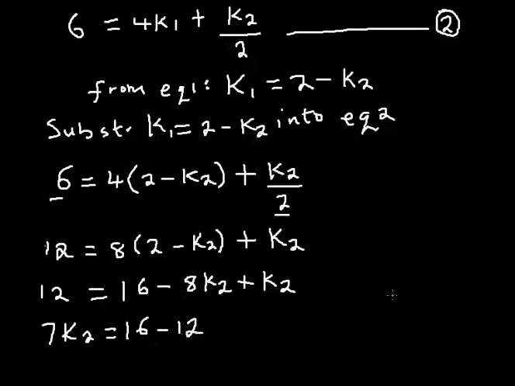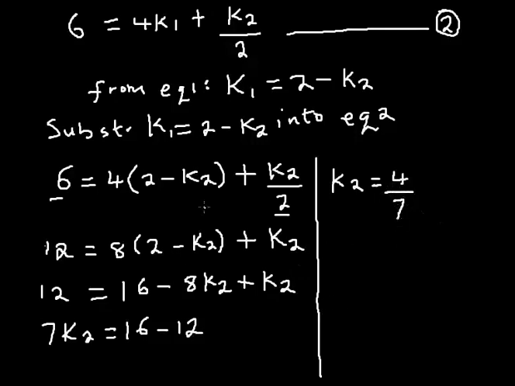All right, so let me finalize my answer at this point. So 7k2 is going to be equal to 16 minus 12. That gives me 4, right? So k2 is 4 divided by 7, that's my k2.